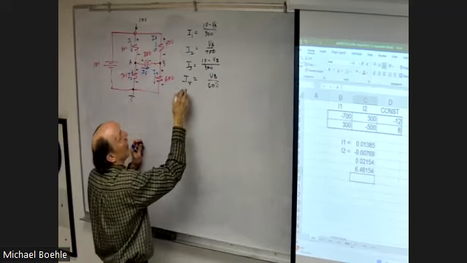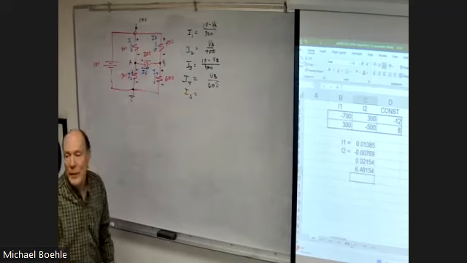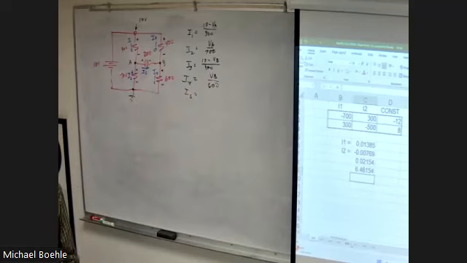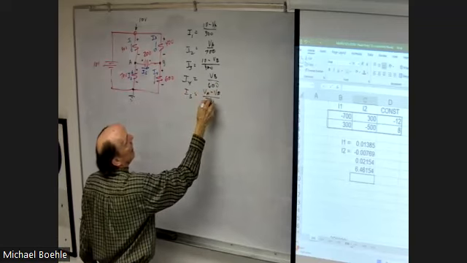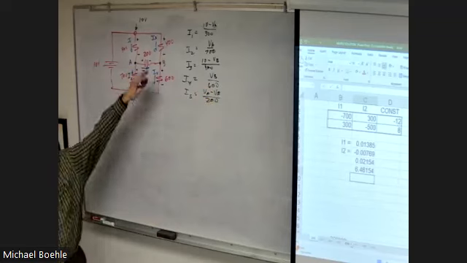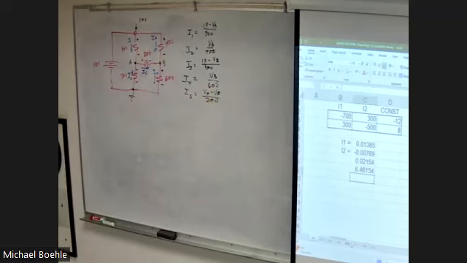Okay. And then finally, current 5. Ben, you want to give it a shot? A minus B. All right, exactly. Because of the way I drew the current direction, polarity.